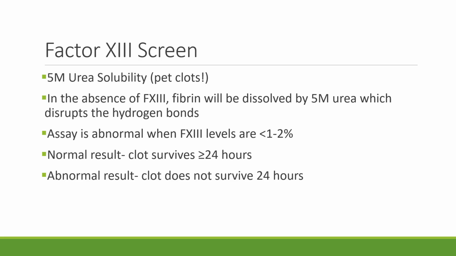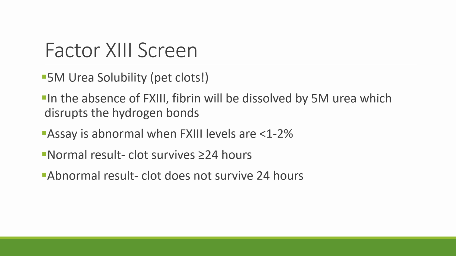In the absence of factor 13, those fibrin strands will not be stabilized or polymerized, and they will be dissolved by that 5 molar urea, which disrupts the hydrogen bonds. Because remember, factor 13 will come in and replace those hydrogen bonds with covalent bonds to give it structure and stability.